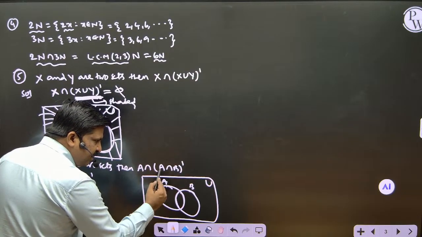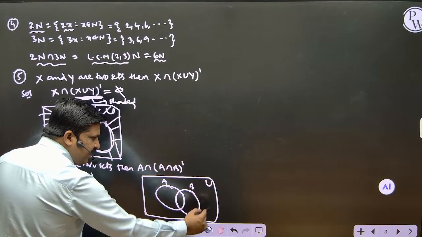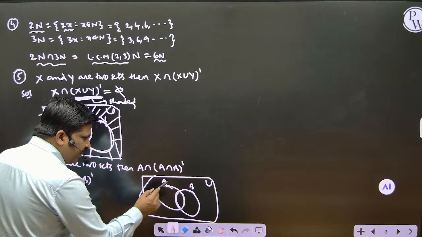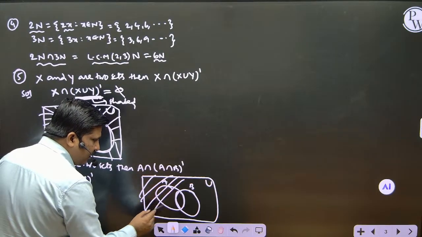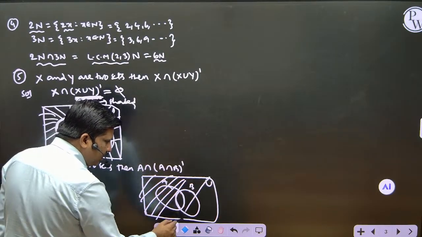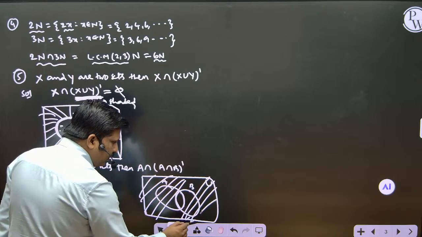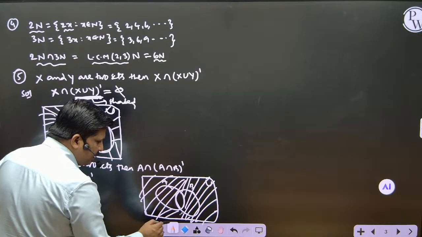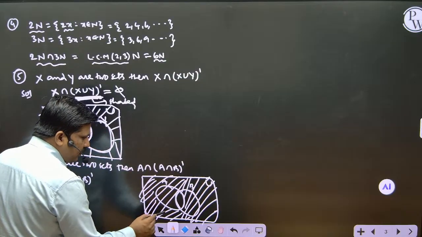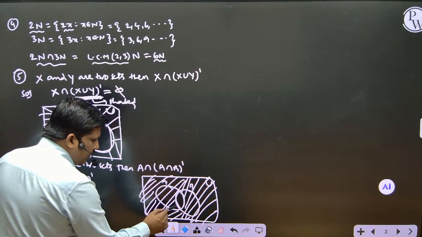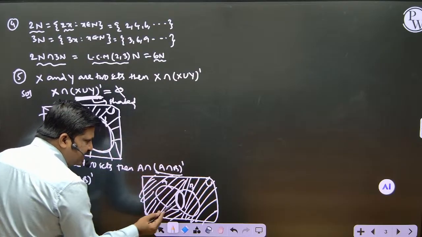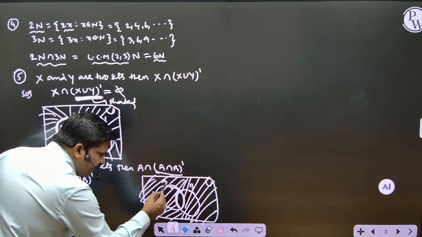A intersection B whole complement means what? From the universal set you delete this part. Then what is your remaining part? So this is your remaining part, except this one. But this part is commonality with which one?